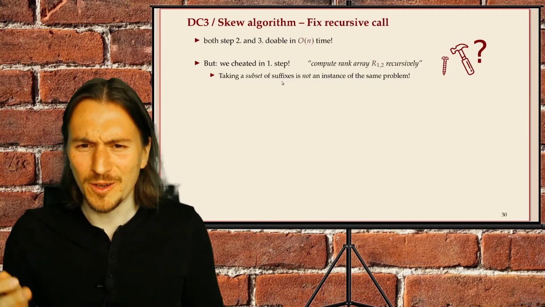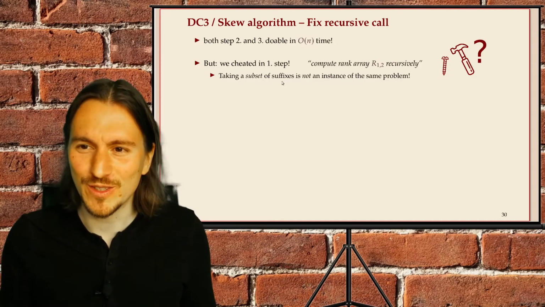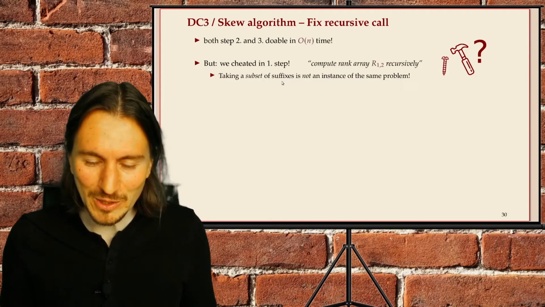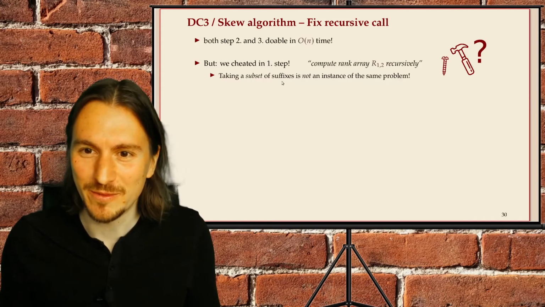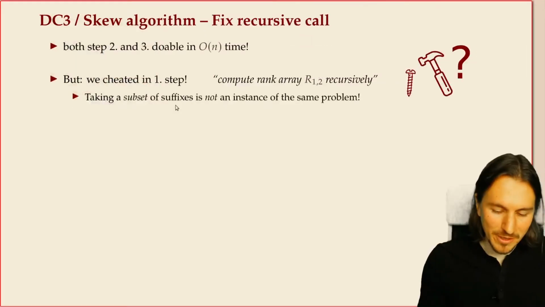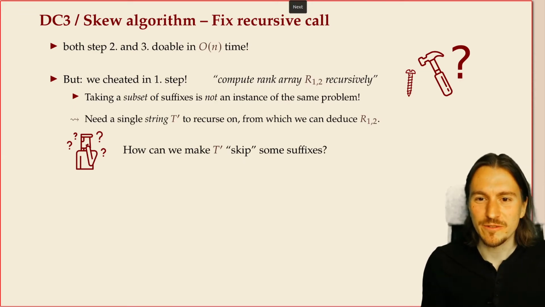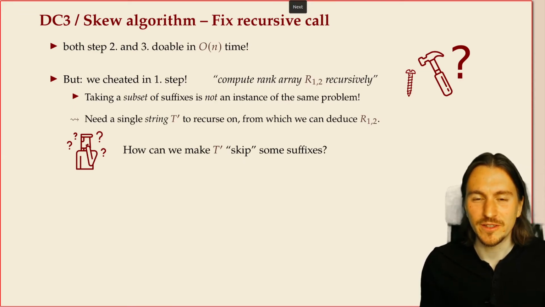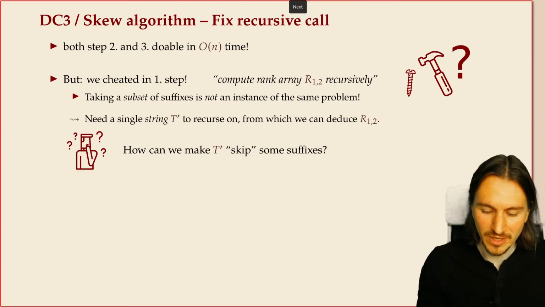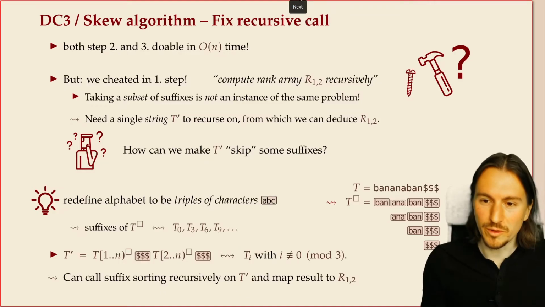It's 2 out of every 3 suffixes of a given string. How can we even apply the method to this? For that, we have to look a little closer. It seems that this doesn't really work. But you can make it work with a trick.